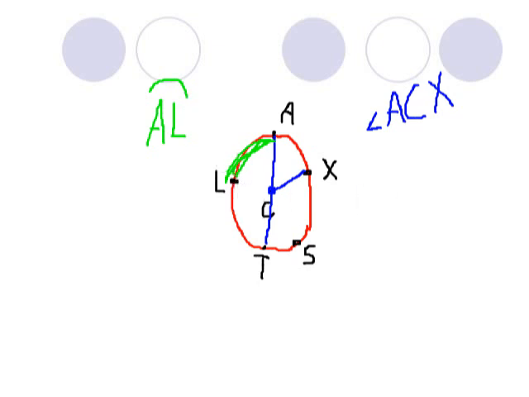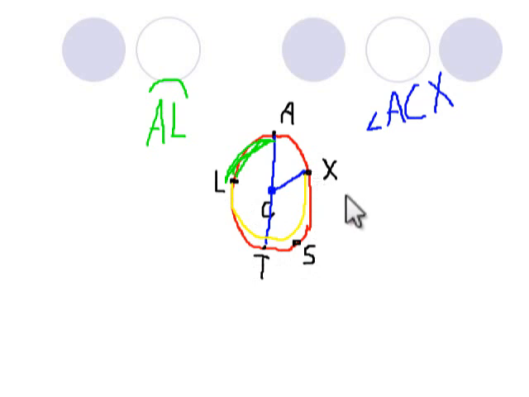But if you were going to go from, I'll use yellow this time, if you were going to go from L all the way over to X, I went right inside the red because it was a little hard to see it when I was on top there. If you were going to go all the way from L to X, that's a major arc.